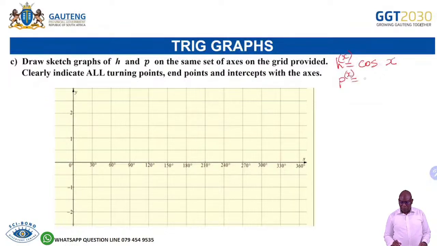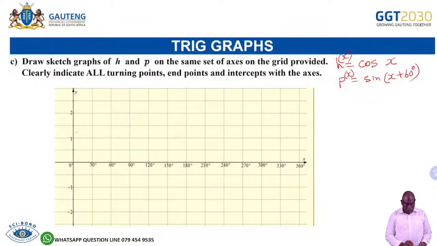So the P of x is the sine of x plus 60. Right. So you use a calculator to do that. You go to the table, you input the first graph cos x, the next graph you put sine of x plus 60 degrees. Then you get your points.